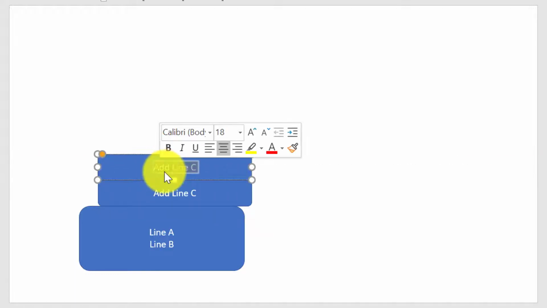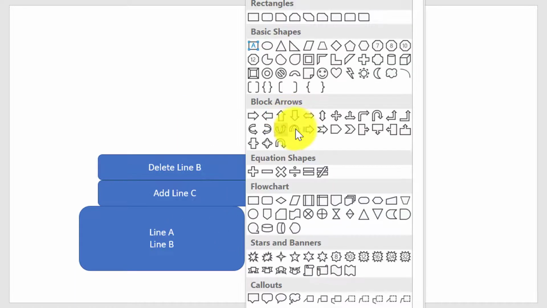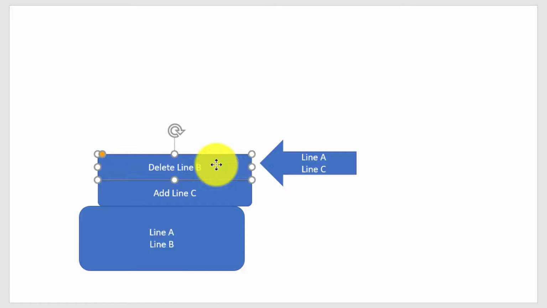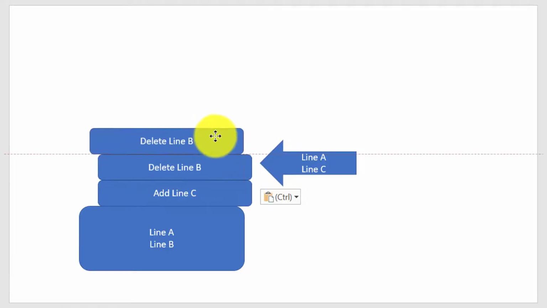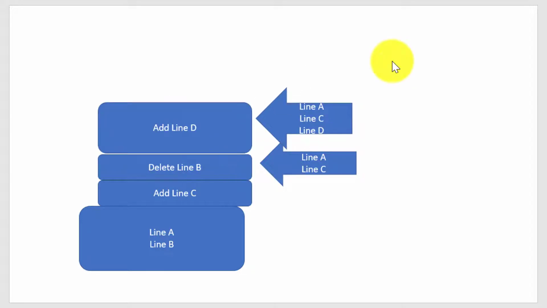I am deleting line B. So effectively, I have lines A and C. Then let's assume I'm adding line D. So effectively, I'll have lines A, C and D. And Git is very sophisticated. Even the changes within a specific line, it should be in a position to merge. So all such changes we can do.